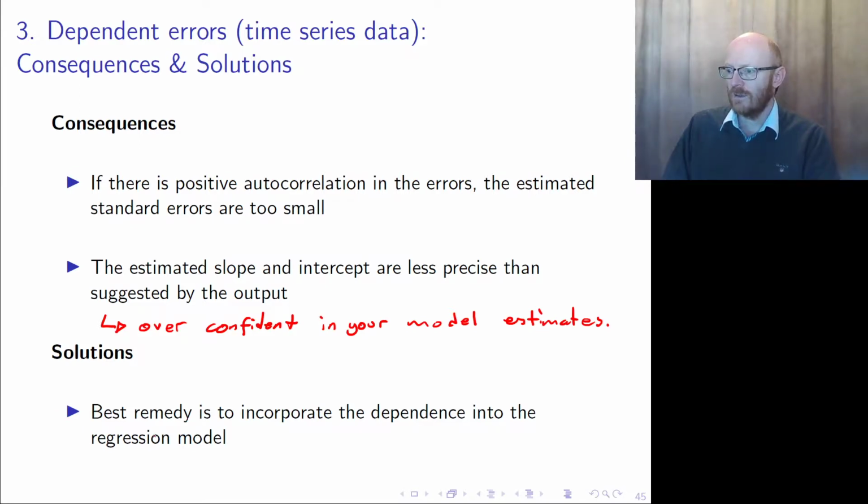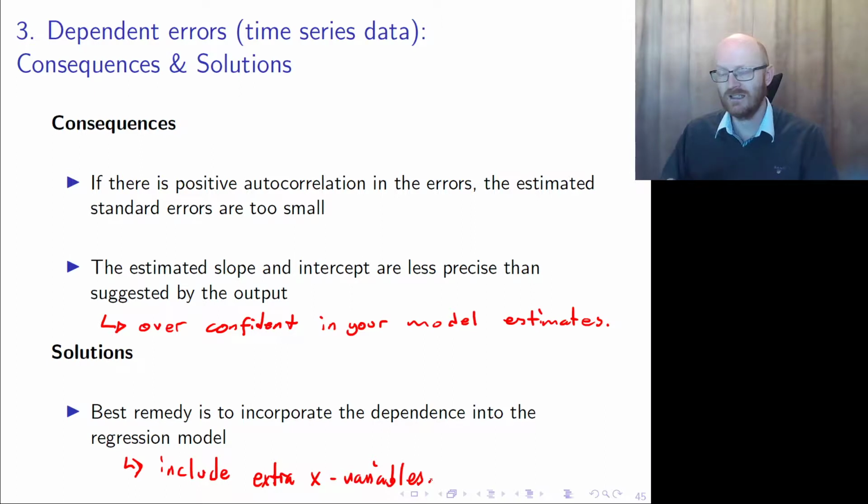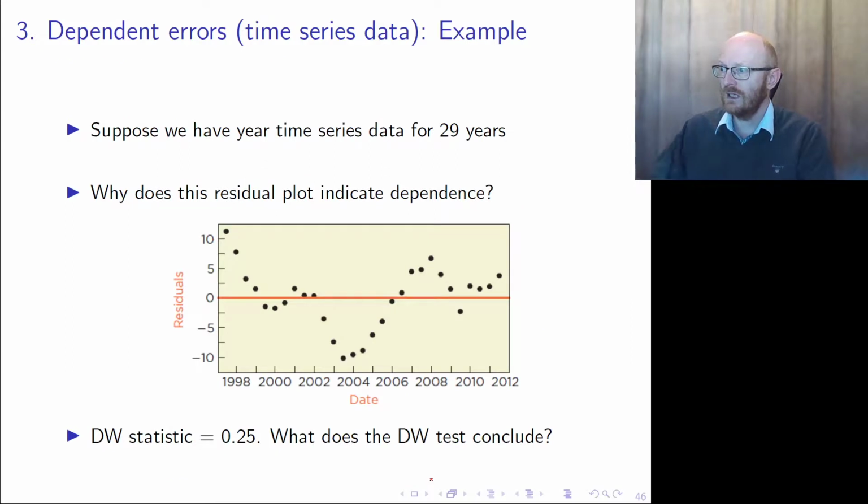And the best remedy is actually to include dependence into the regression model. So this actually means that you can include extra x variables. Okay. And if we look at an example, then we have data for 29 years, which means n equals 29.